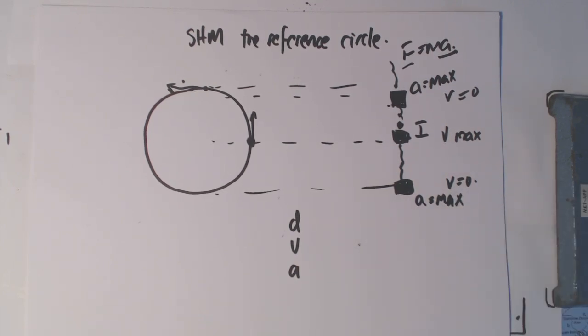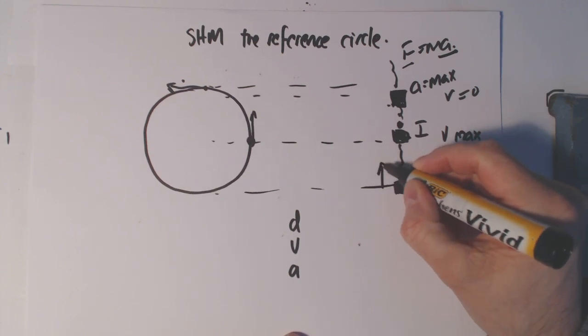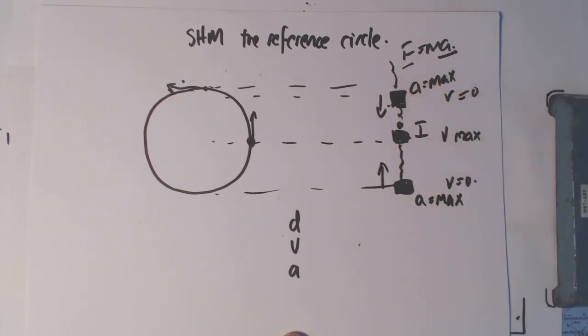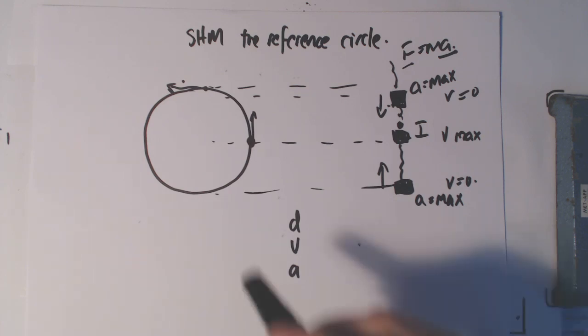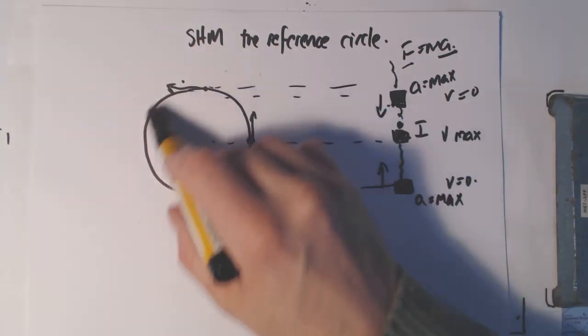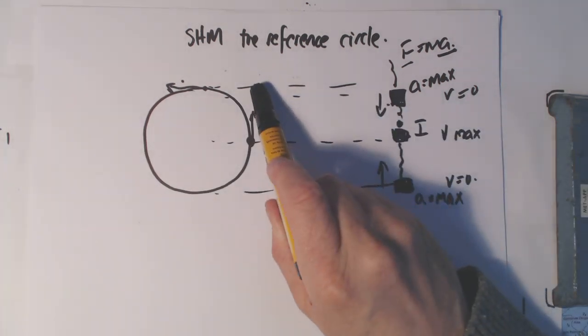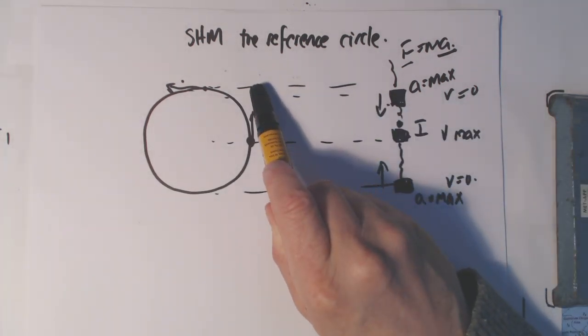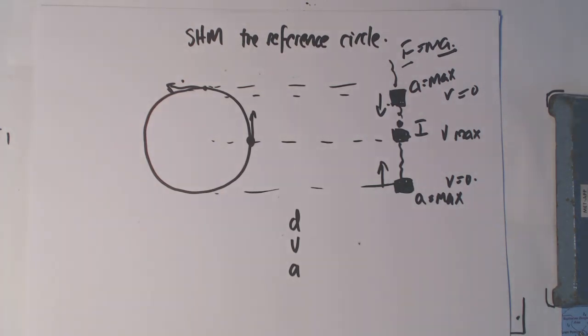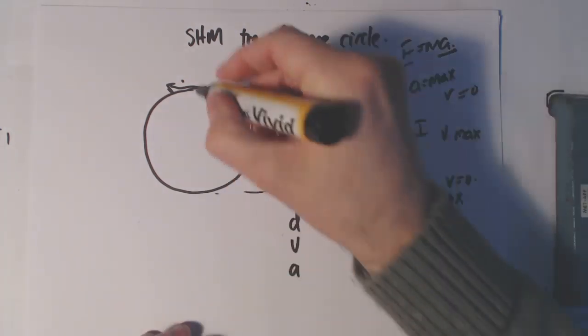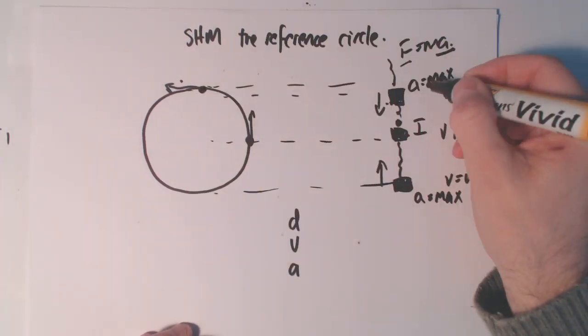Acceleration is not always in the direction of the movement, right? But which way is the force? It's always back towards the center. So that's the direction of the acceleration. Now that means that this reference circle, as this little guy goes round and round, at the top, this little guy would project across to the top.